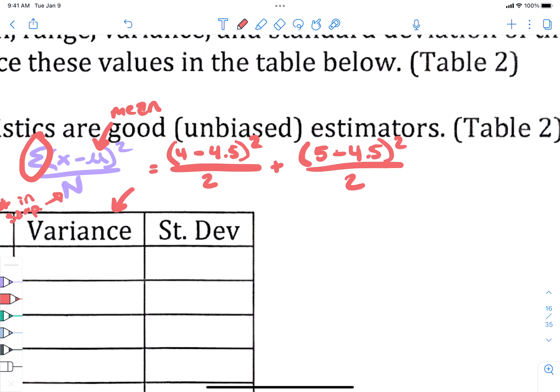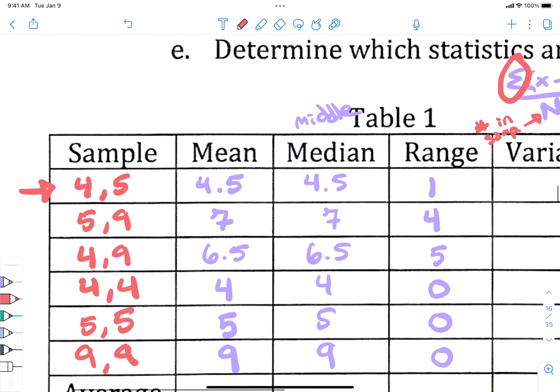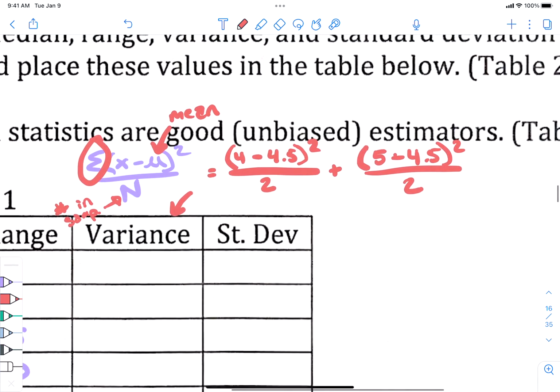The 5 is the second number. So 4 and 5 are my 2 numbers, right? Okay. And the formula says we take each x and we subtract the mean, and the mean is 4.5, and then we add them together.